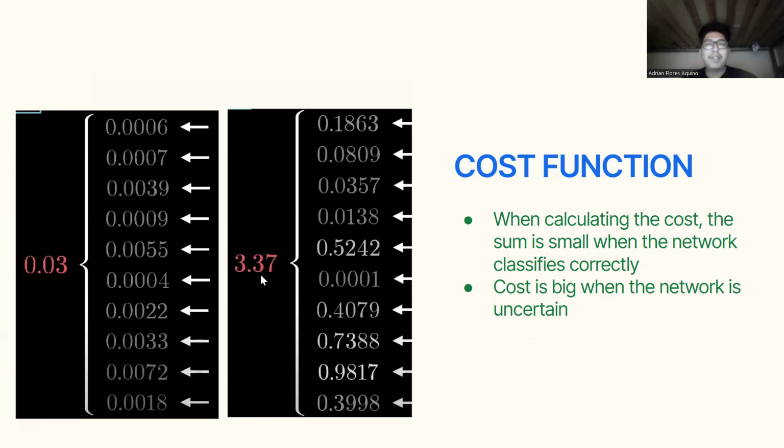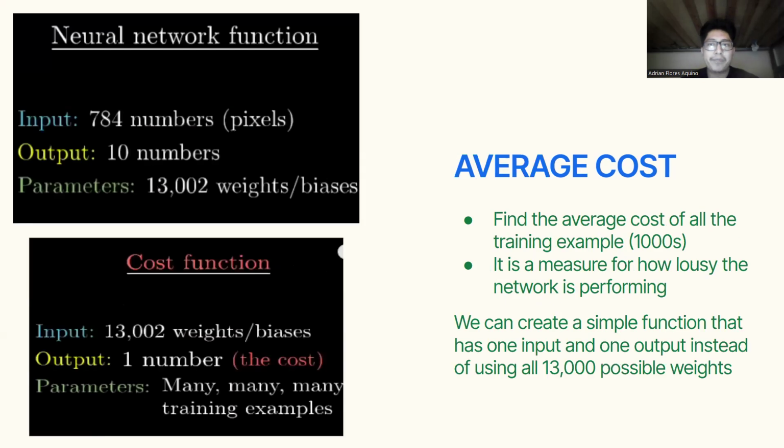This number is very important to remember, and to notice how big or small it is, because if the number is small, that means the network is very confident in identifying the right output, which is 3 in this example. But if the number is very big, that means the network is very uncertain, which is what we don't want. That is the absolute worst in this current situation.